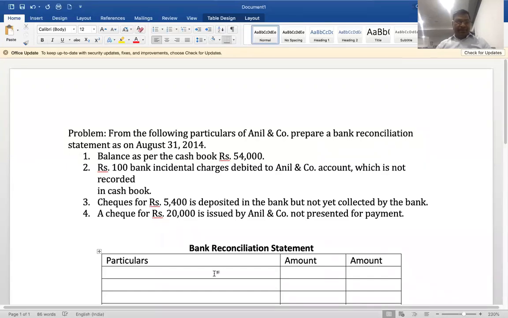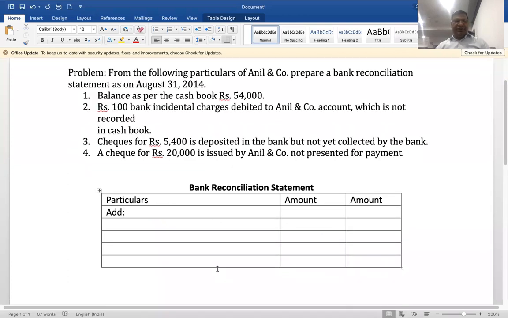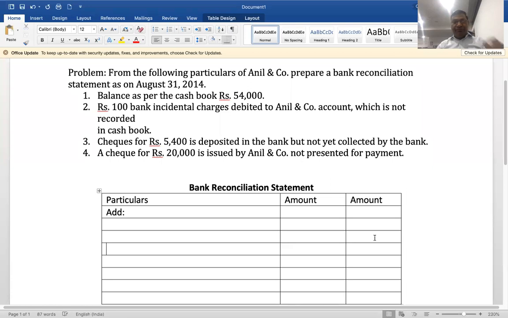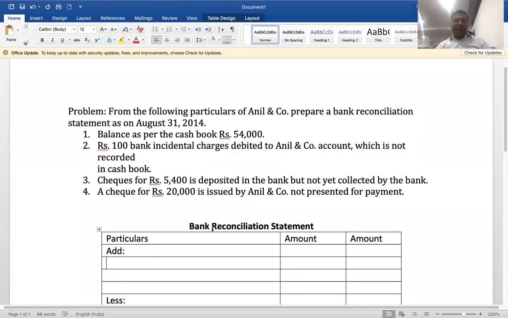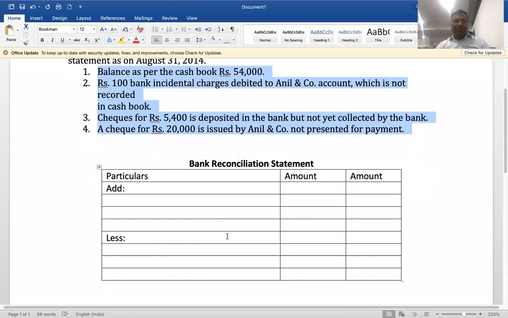Then you have add items. Depending on the solution, you give some space and take less items. So pick up this content and drop it here appropriately.